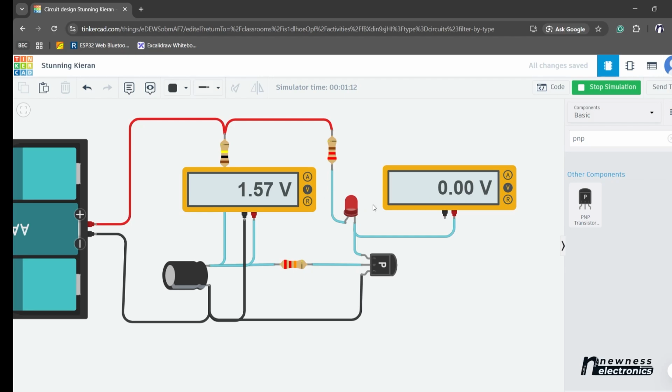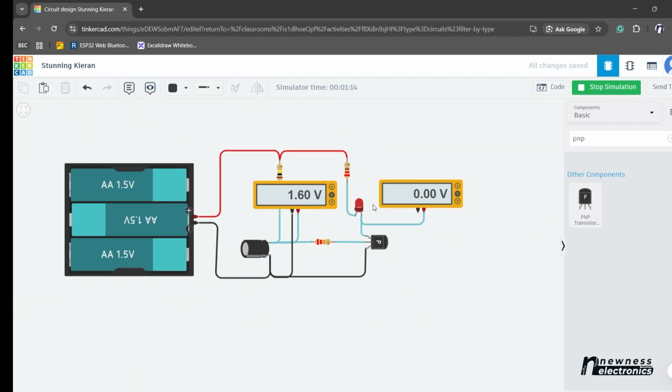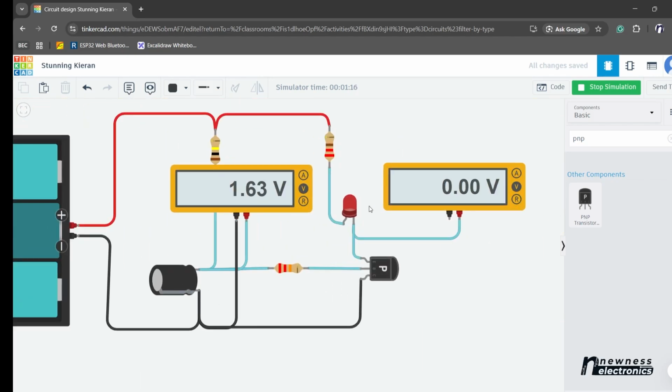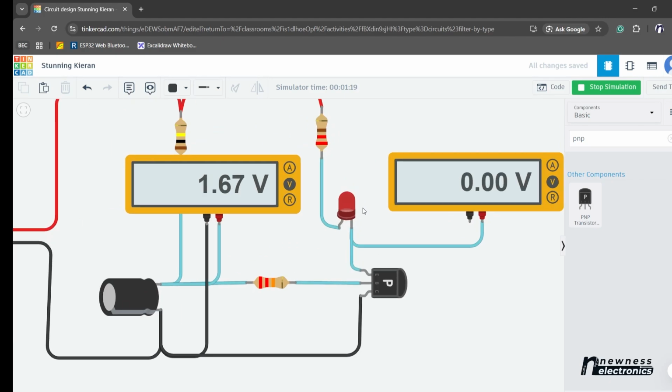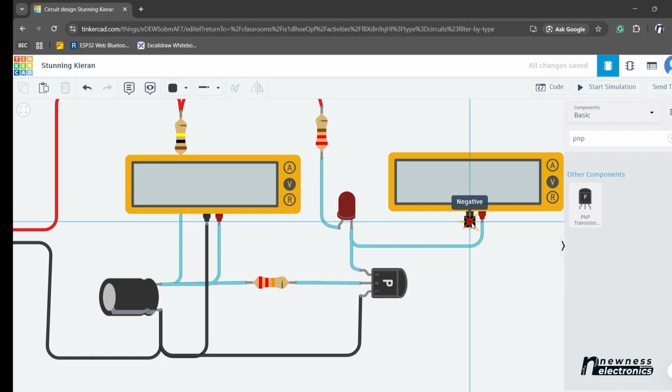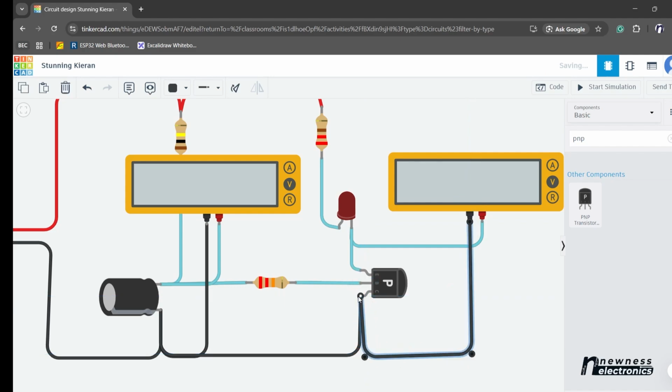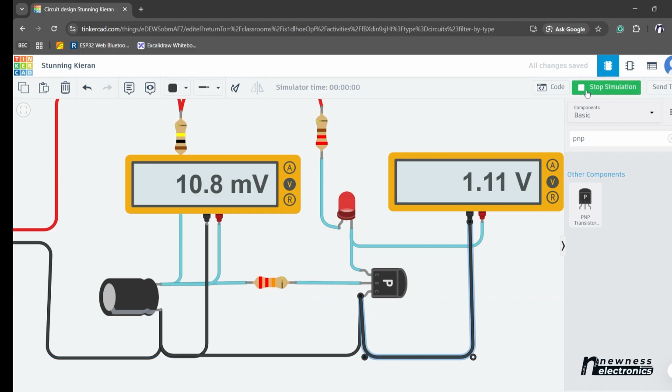Okay, so this may be the lowest point it can get to, and I will explain why. Let's stop the simulation. Let's attach this meter correctly, and let's start again.